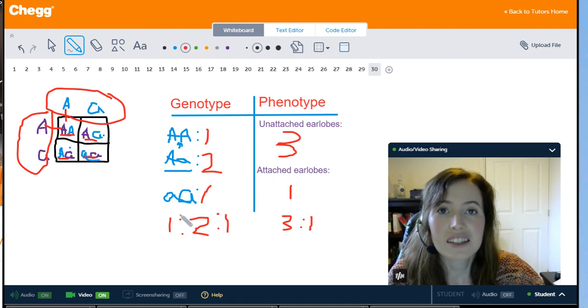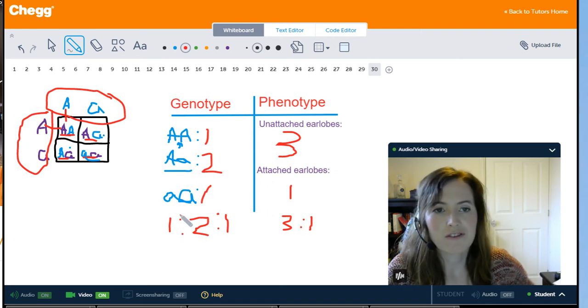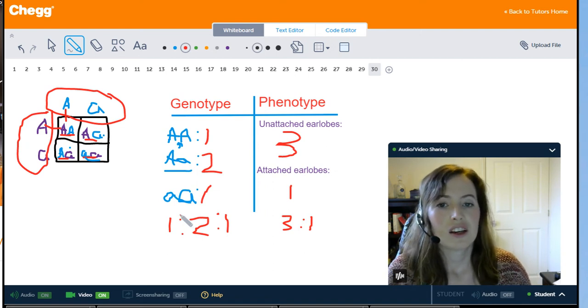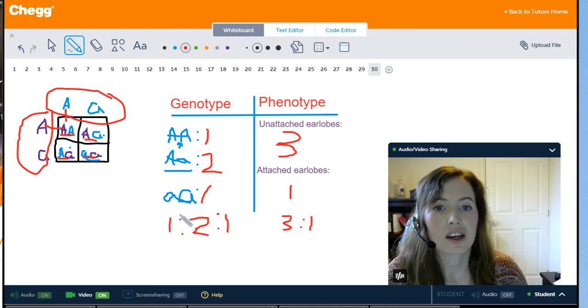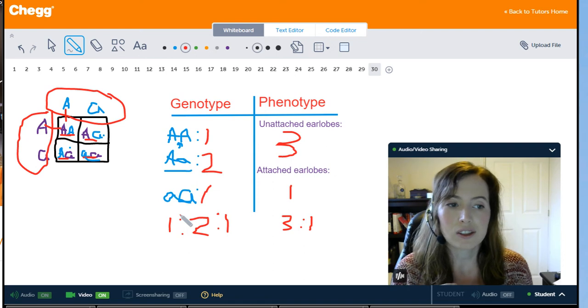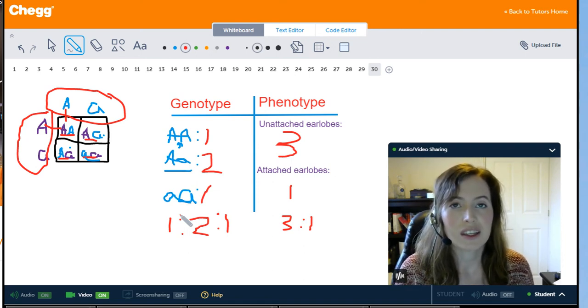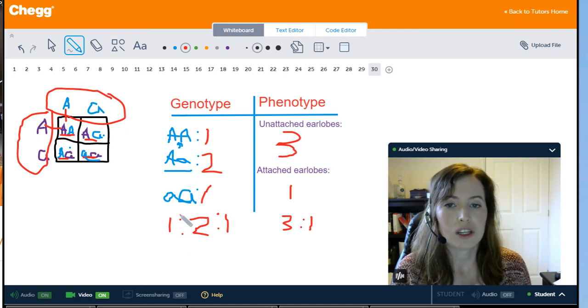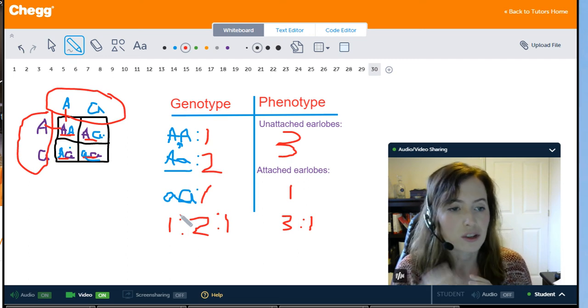And so that's the difference between genotype and phenotype, is it's fully dependent on if you're looking at the actual genetic alleles, the alleles you're getting from your mom and your dad, versus what physically is showing. So genotype is you want to know the difference in alleles. Phenotype, you want to know the difference in physical attributes.